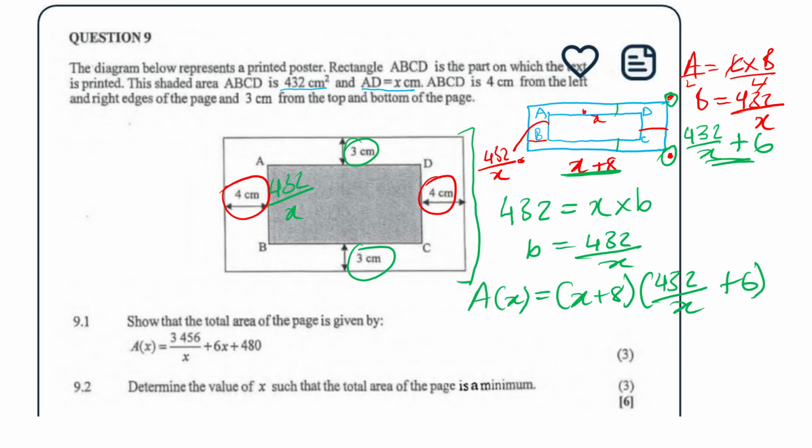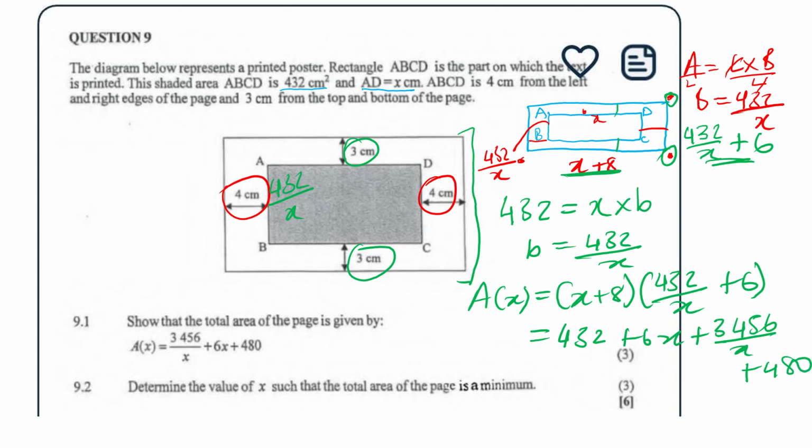Good. Now if you multiply this out, you will end up with 432 plus 6x plus 3456 over x plus 408.